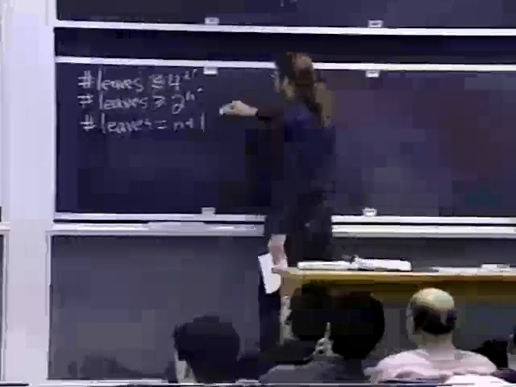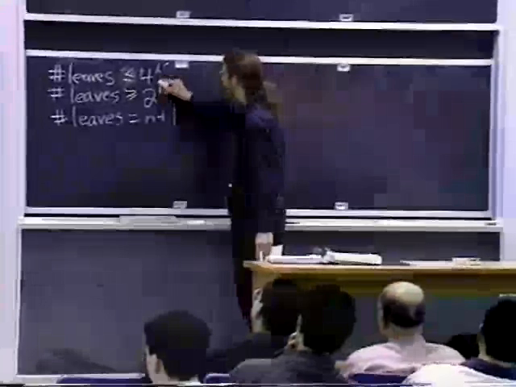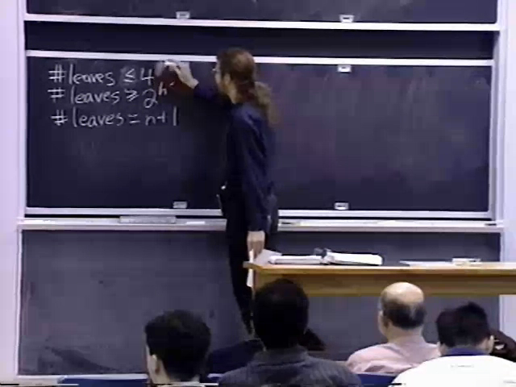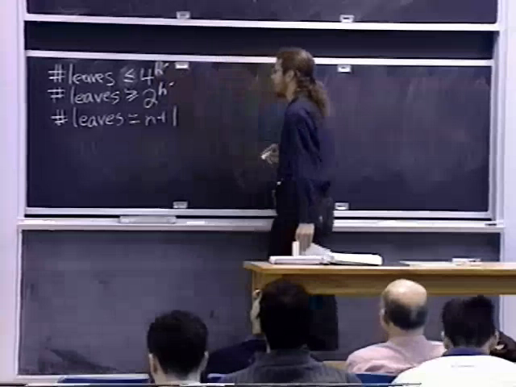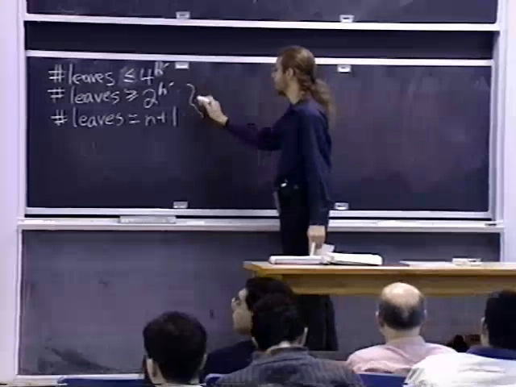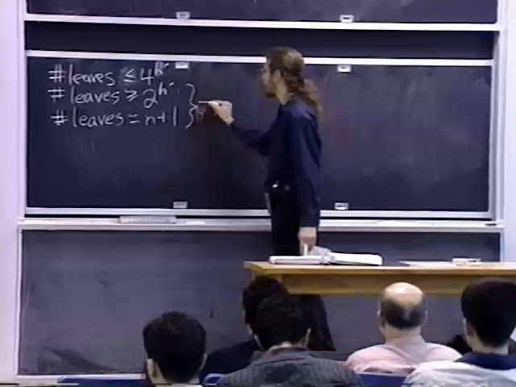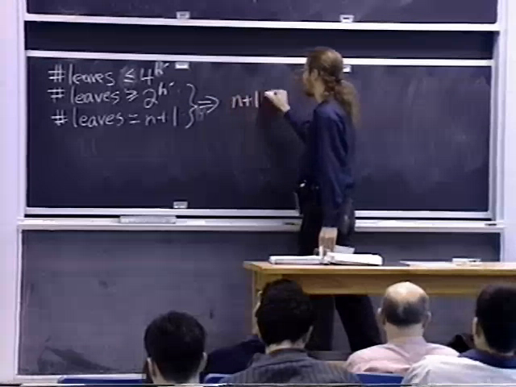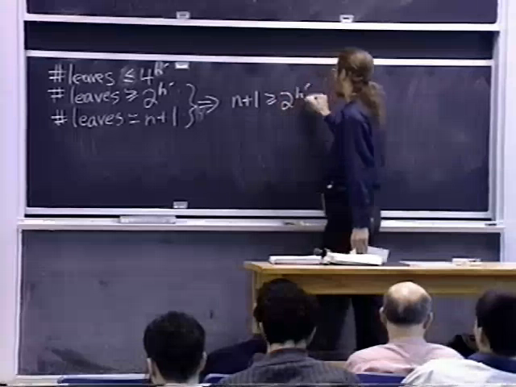So now we get a connection. This is h prime. The superscript looks dangerously like n, so let me rewrite it. Now we have a connection between these two things. These two mean that n plus 1 is at least 2 to the h prime.